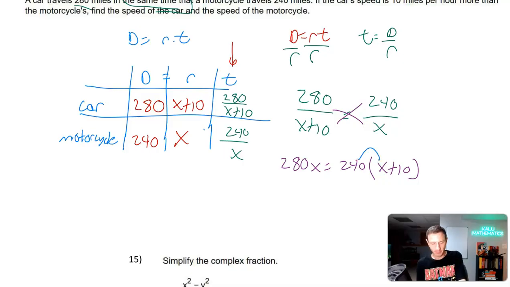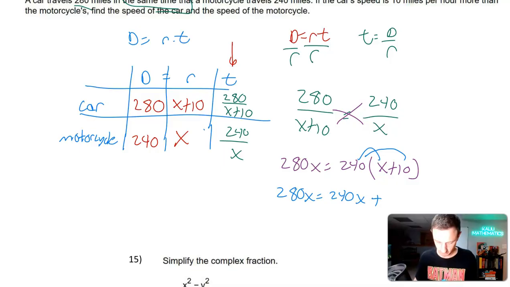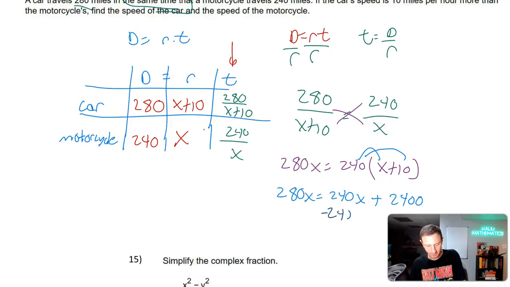Go through the solving kind of quick. 280x equals 240 times x is 240x plus 240 times 10. I don't want to make any mistakes here. 2400. Subtract 240x. 280 minus 240 is 40x equals 2400.